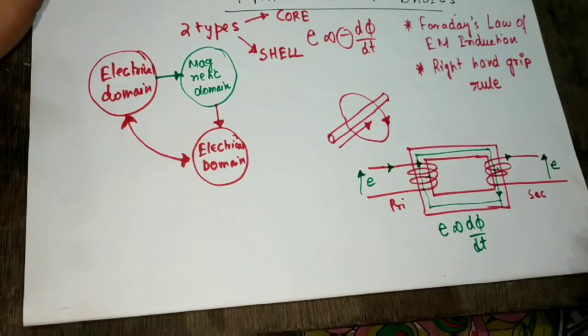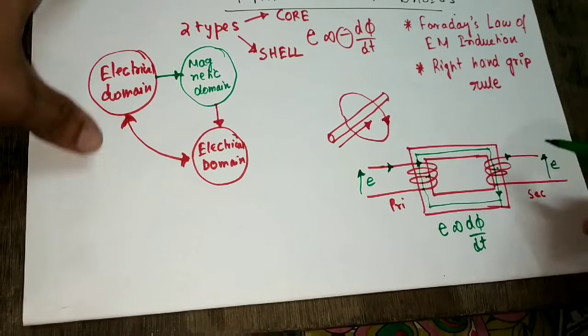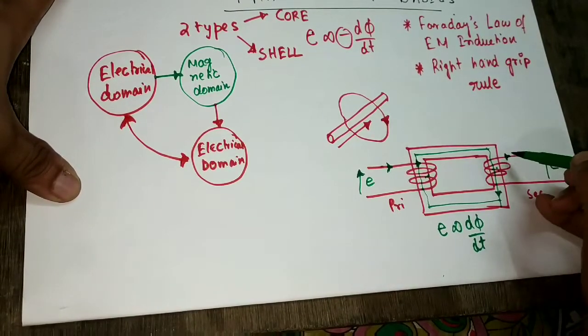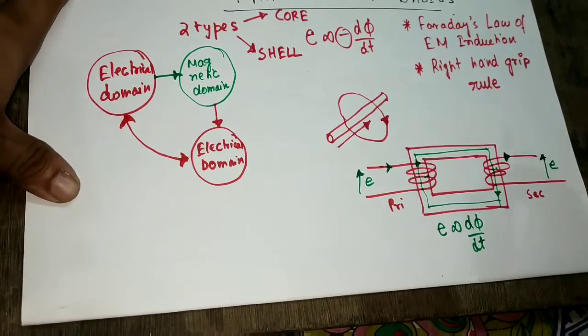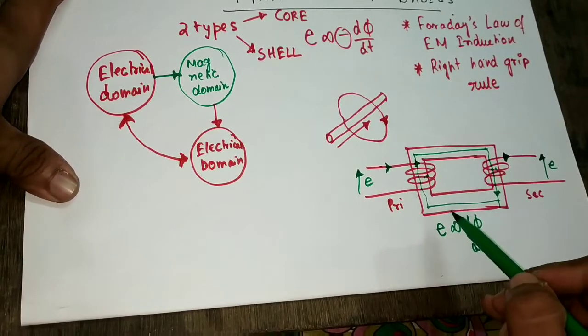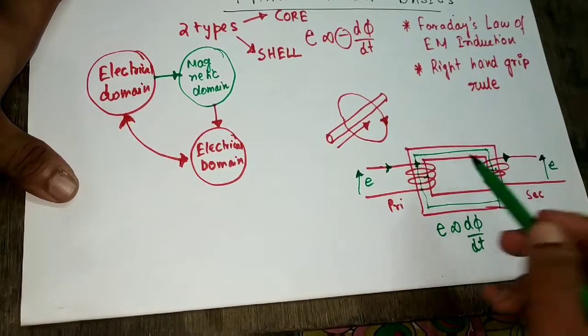With the help of the right hand grip rule, we can see the direction of the current in the secondary circuit, which is in this way. So that's the basic construction and basic working of a transformer.